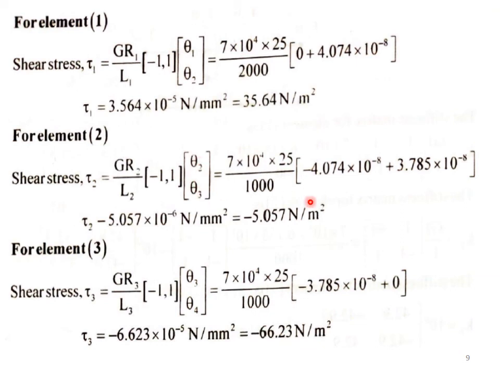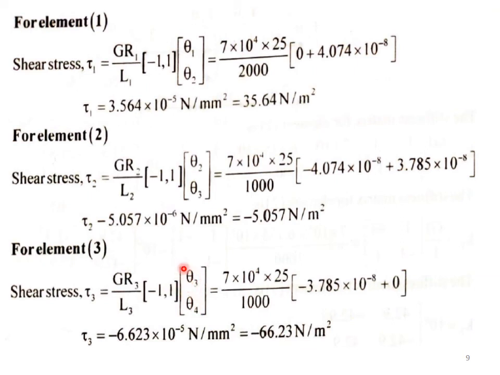Next, for element 3, shear stress tau 3 is equal to G R3 by L3, [-1, 1] times theta 3 and theta 4, because for element 3 the nodes are the last two nodes, that is node number 3 and node number 4.